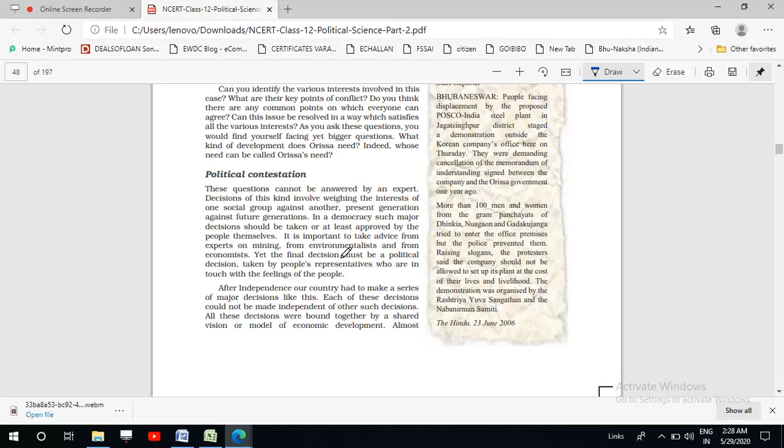But the effort of the government should be that the larger number of people should be made satisfied by the decision of the government. So, the final decision is taken by the political leaders, and in taking this decision, they must take the views and advice of the experts.